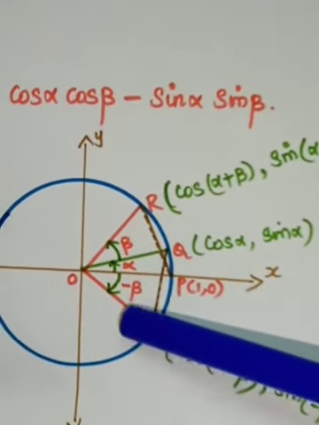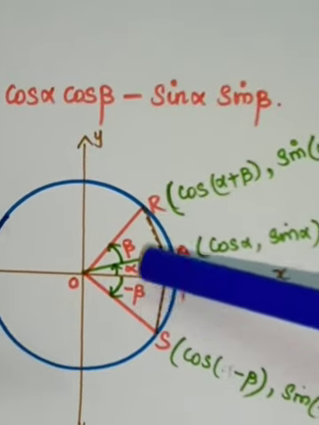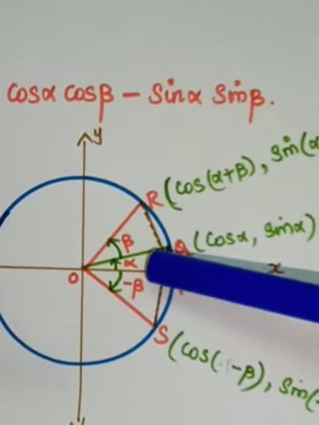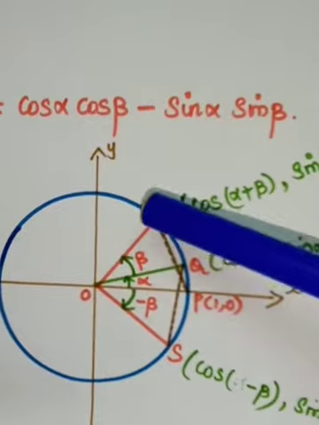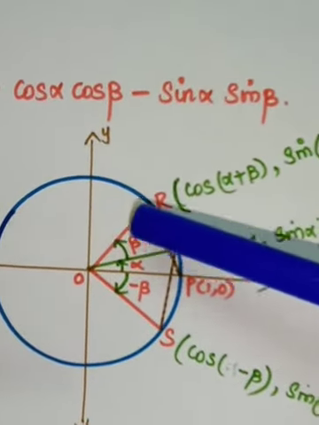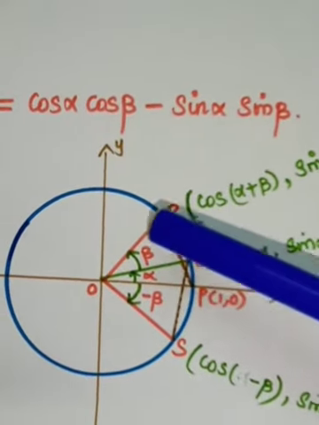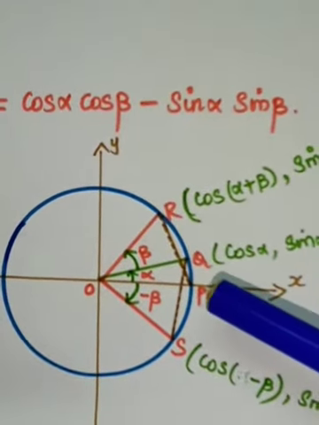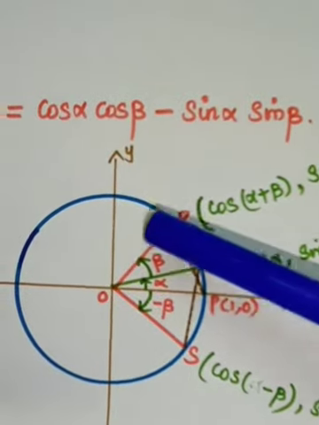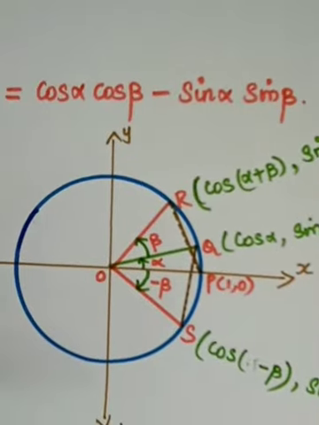Otherwise you can say SOQ, measuring anti-clockwise, is beta plus alpha. So the two angles are equal, and OP is the common side. Therefore POR and SOQ, these two triangles are congruent.